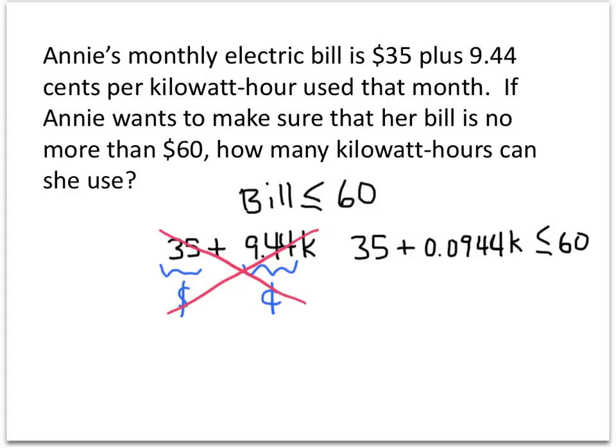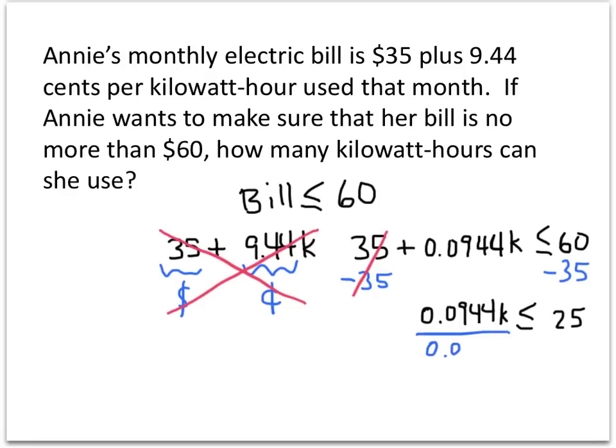Now I'm ready to solve this inequality. Let's subtract 35 from both sides. On the left-hand side, the 35's cancel. On the right-hand side, 60 minus 35 is 25. Now let's divide both sides by 0.0944.